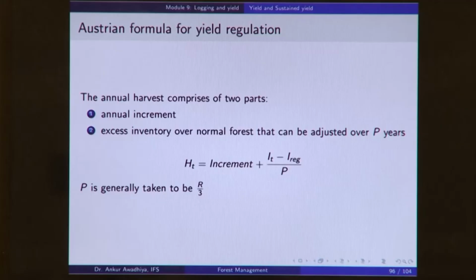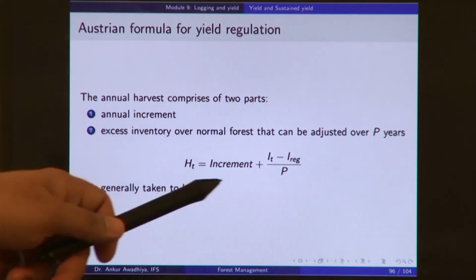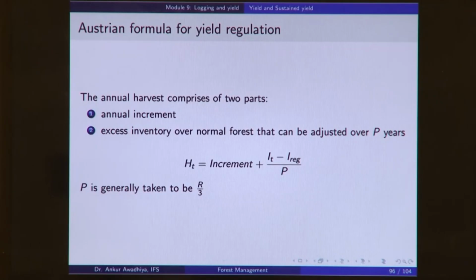The increment is large, but I am taking out a small portion, so that at the end of 20 years my bank account gets to a level of 125,000 rupees. Similarly, if you look at a forest, you can take out the increment, but it will be modulated by what you want to have at the end of P years.